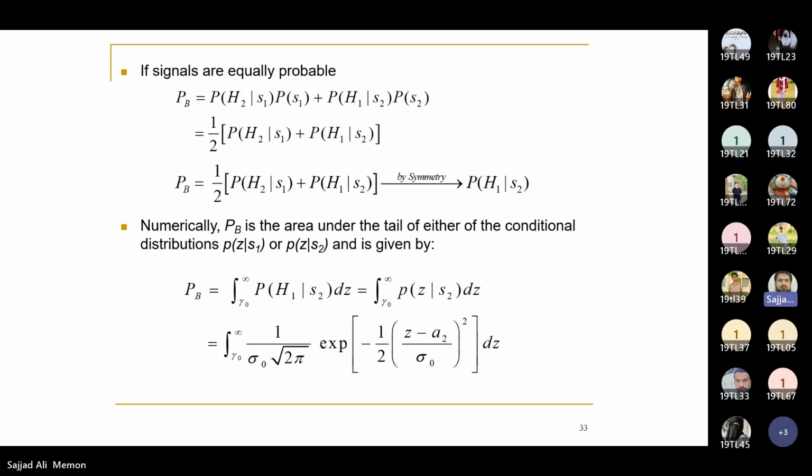So numerically, the probability of bit error is the area under the tail of either of the conditional distributions P of Z given S1 or P of Z given S2, and is given by this. This is again a probability distribution function. Using the AWGN distribution, we can replace this P of H1 given S2 by Z minus A2, and the remaining equation is the same, from gamma naught to infinity, because we choose the other side.